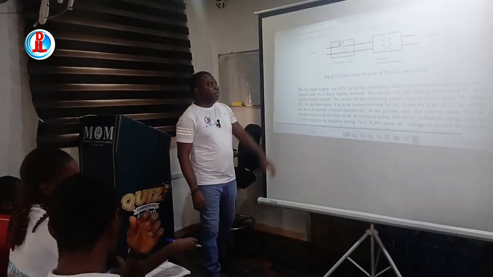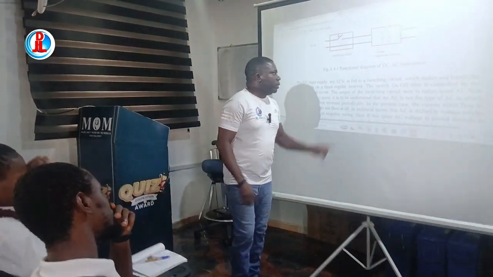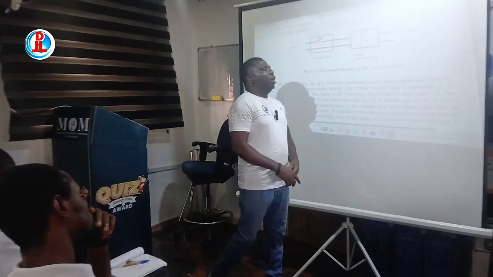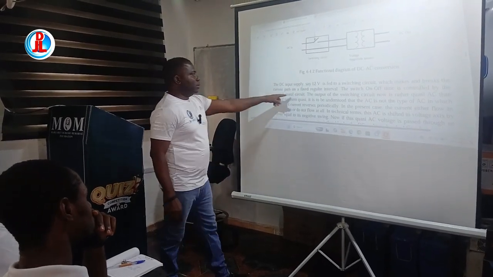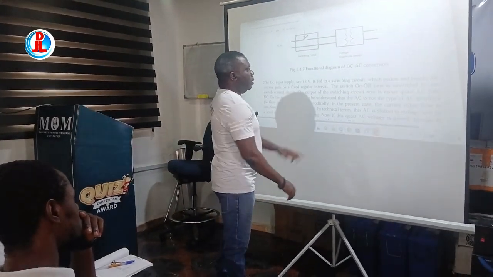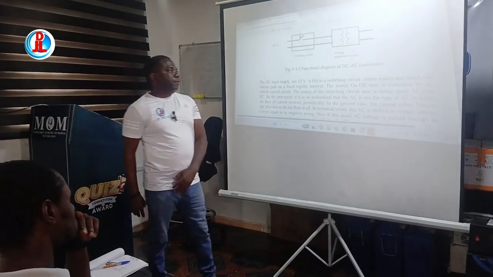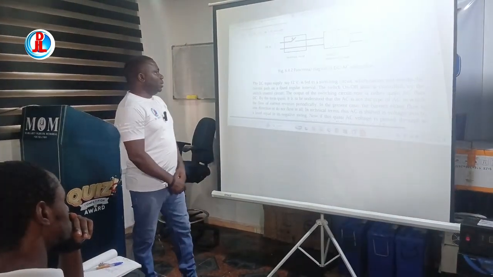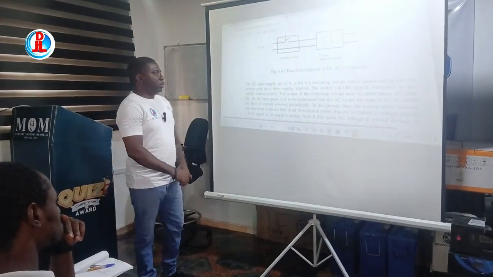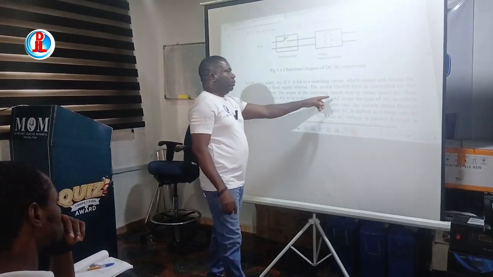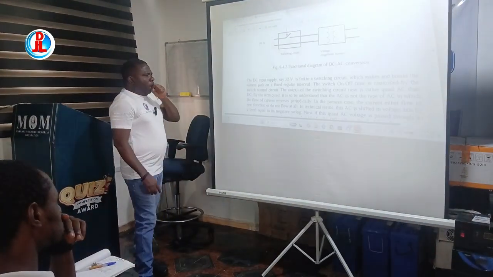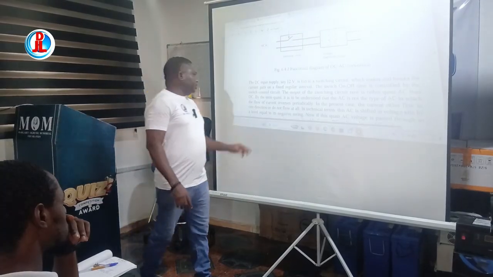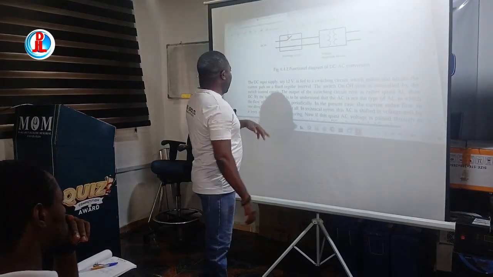Look at it. The DC input supply, say 12 volts, is fed to a switch circuit, which makes and breaks the current path at a fixed regular interval. The switch on or off time is controlled by the switch control circuit. The output of the switching circuit now is rather quasi AC than DC.